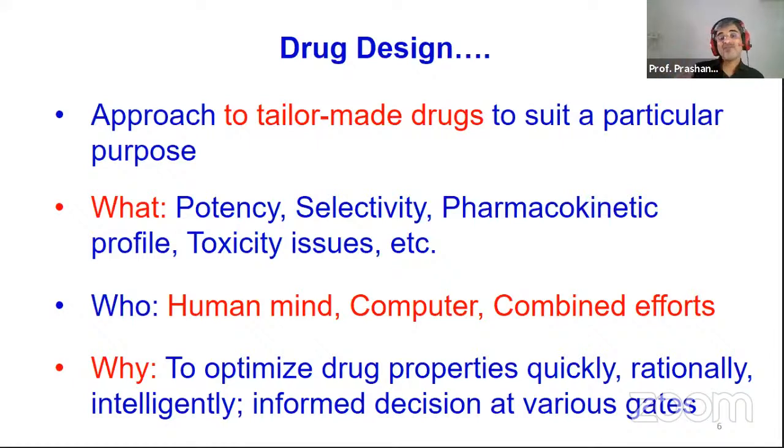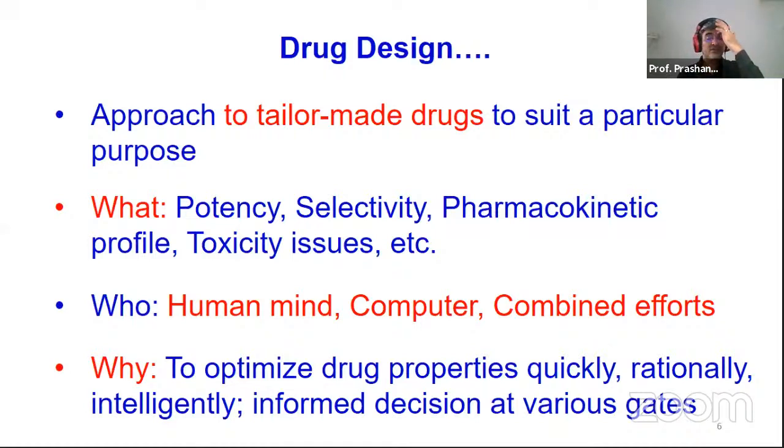So you have saved the effort of making those futile 900 molecules, which anyway would not have made it to the preclinical studies or something like that. So these technologies have tremendous potential to reduce the efforts which would otherwise be wasted.